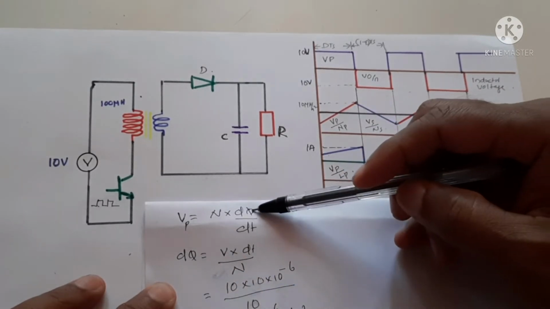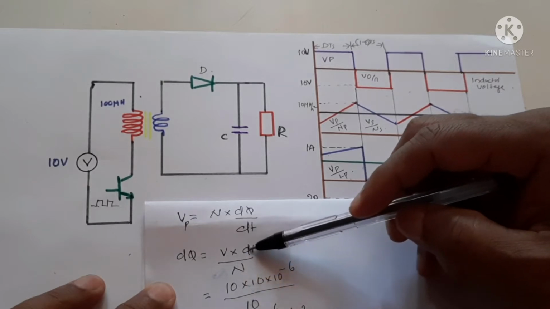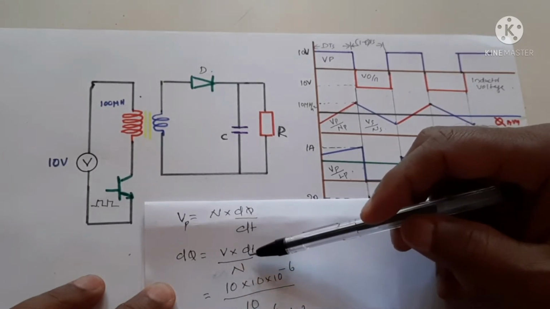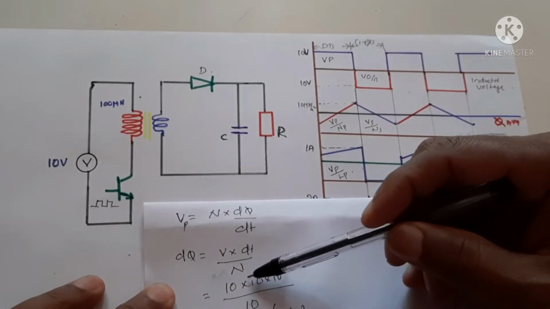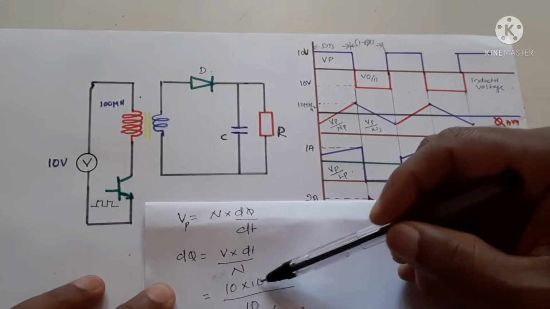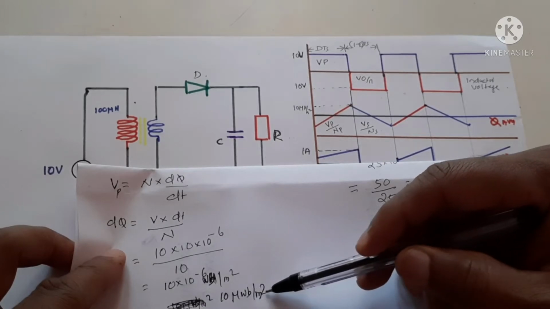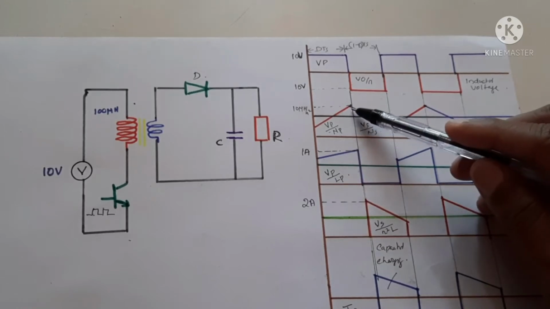The flux will be given by voltage divided by number of turns into the time it is on. Input voltage is 10 volt, and the number of turns we assumed as 10. If you take this number of turns as 10 into 10 microsecond, 10 microweber per meter square, this much of flux will be produced, this is shown here.